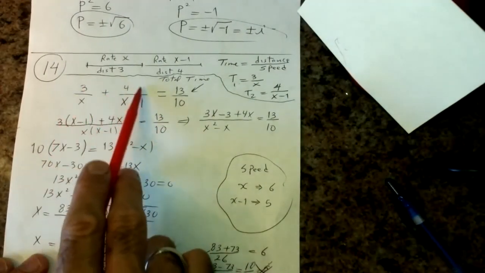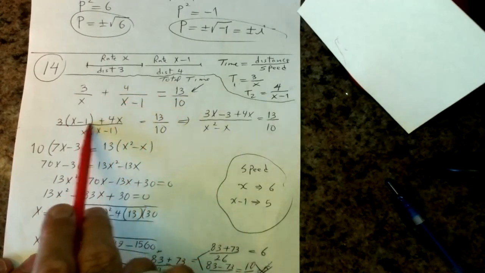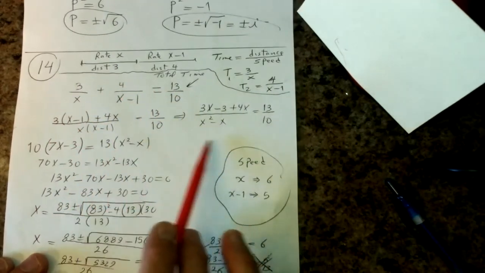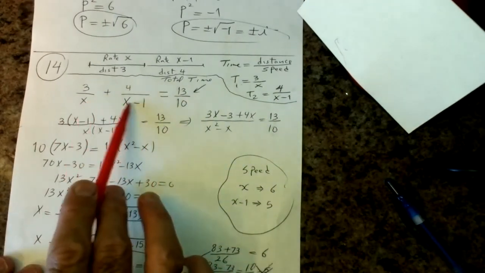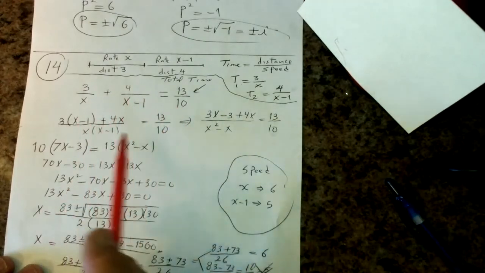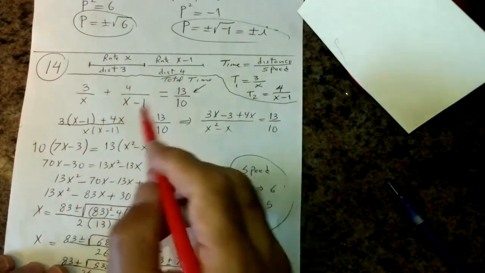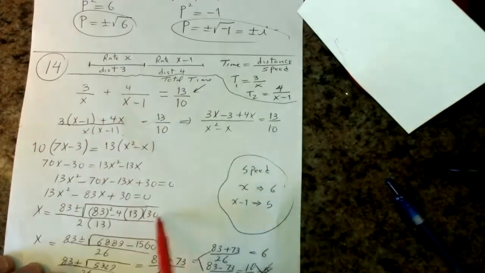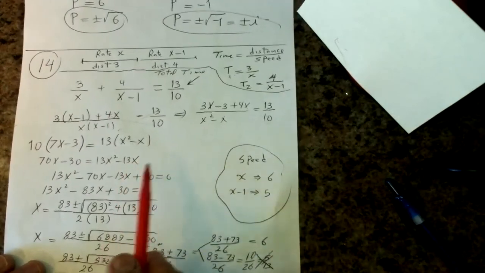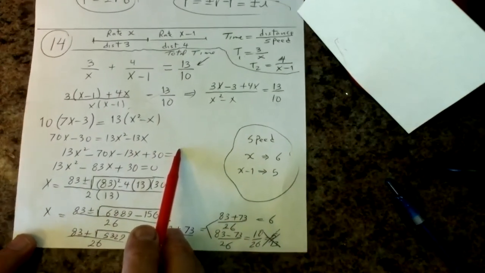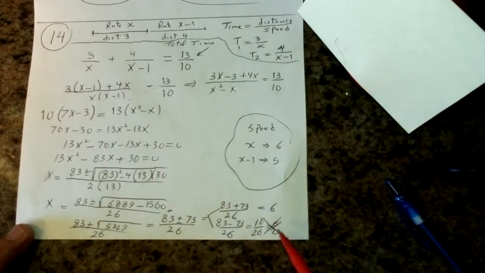Time of the first one plus time of the second one is that, then you have to solve this equation. It's all algebra then. First, we take a common denominator here, then cross multiplications. And then you finally come up with 2 answers.